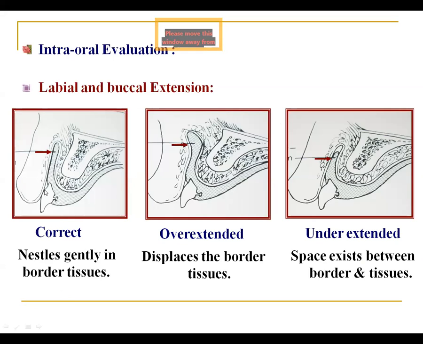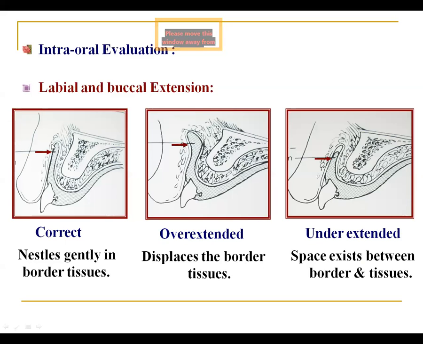Just like this here. This is one correct border diagram where the border of your denture is up to the depth of the vestibule. See, this is my depth of vestibule. See how rounded this is. This is the correct extension. If the border is overextended, extraorally you will see the morphology is changed here. It displaces the border tissue.